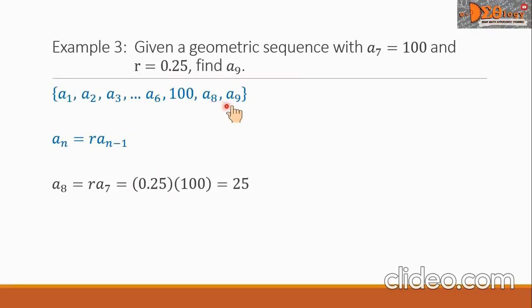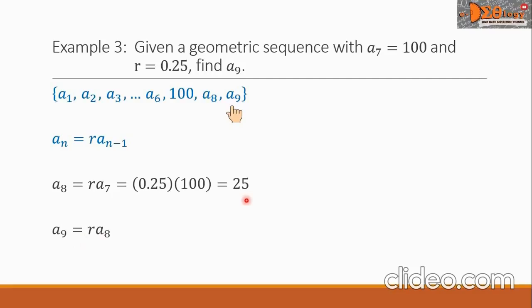Next is the a sub 9. With respect to our recursive formula, that is equal to a sub 9 equals r times a sub 9 minus 1. And this is a sub 8. This a sub 8 is the value 25 in here.